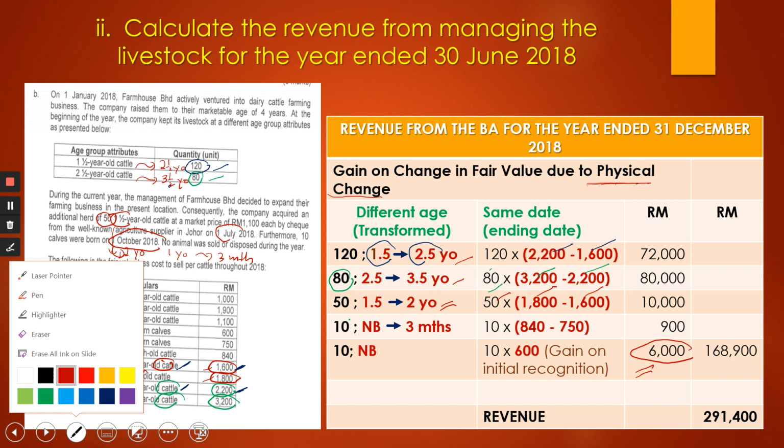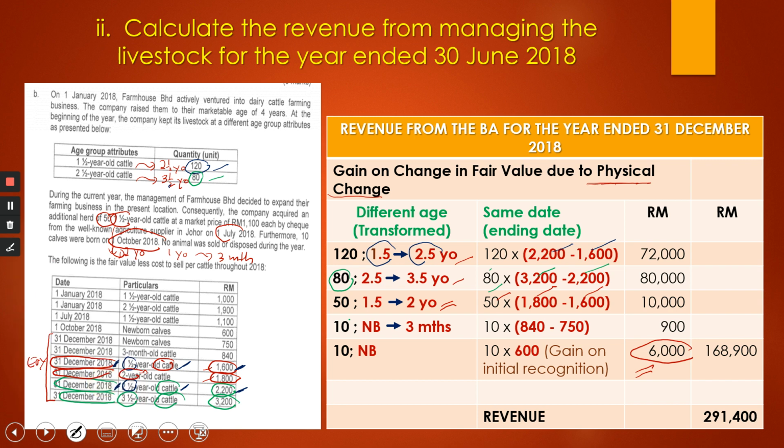The next one will use this color. The newborn, from the first day it was born until 3 months. So let's look at the price of a newborn calf on 31st of December. The price was 750.